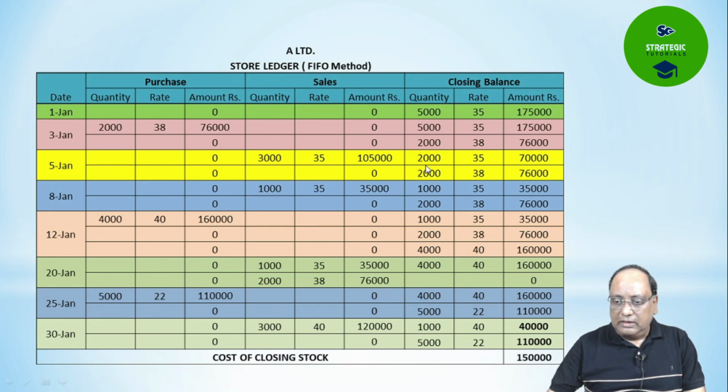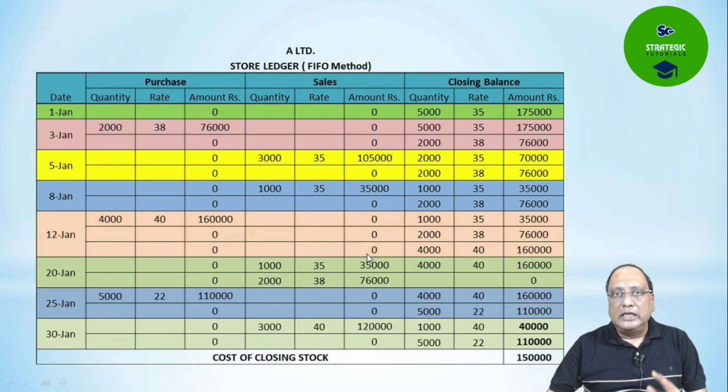Automatically the balance will remain 2,000 units at the rate of 35. Similarly on the 8th, 1,000 units issued again, it will come from 35 only, so a balance of 1,000 units will be here, and 2,000 units remain the same at the rate of 38, 76,000. By this order you will get the cost of closing stock, that is 1,50,000.